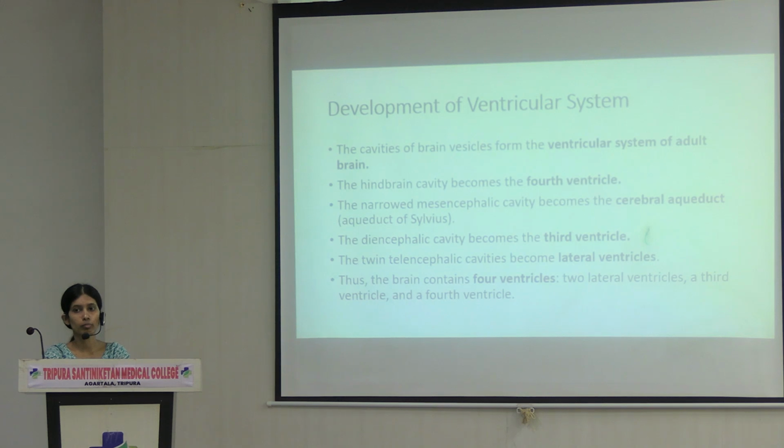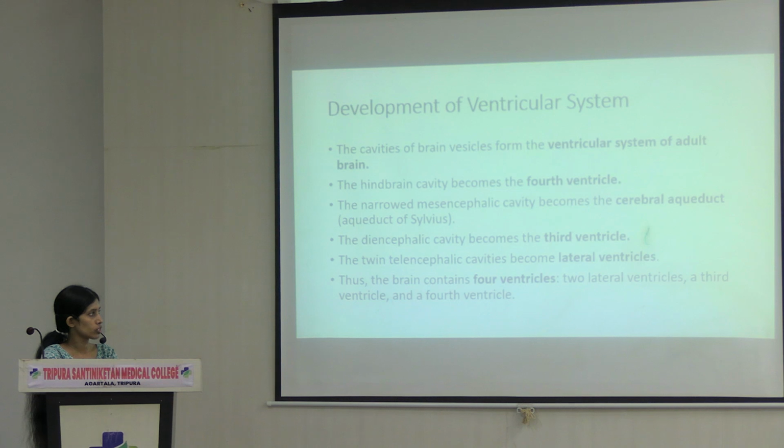Next we have the development of the ventricular system. The cavities of the brain vesicles form the ventricular system of the adult brain structure. The hindbrain cavity becomes the 4th ventricle. This is the hindbrain region, it will give rise to the 4th ventricle. The narrowed mesencephalic cavity becomes the cerebral aqueduct.